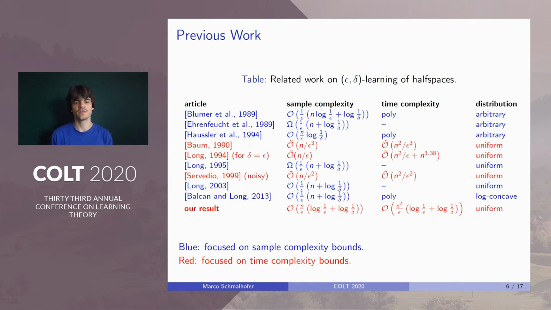The last row in this table concerns our algorithm, which is the fastest for the uniform distribution. In particular, the time complexity of our algorithm improves on each previous one in at least some parameter. For example, look at the results of Long of 1994 and fix an epsilon, then there's an additive polynomial in n, which is bigger than ours by a factor of n to the 1.38.